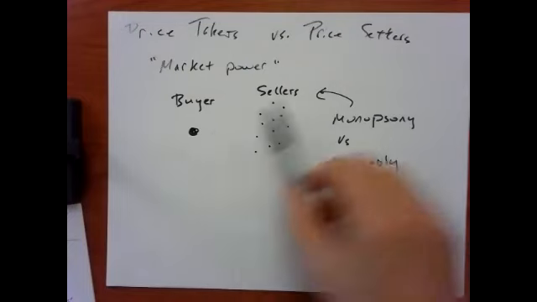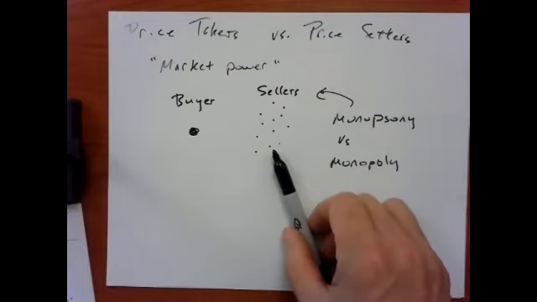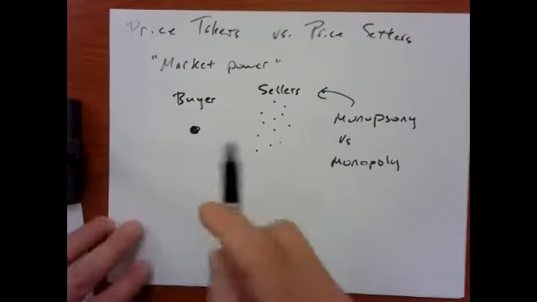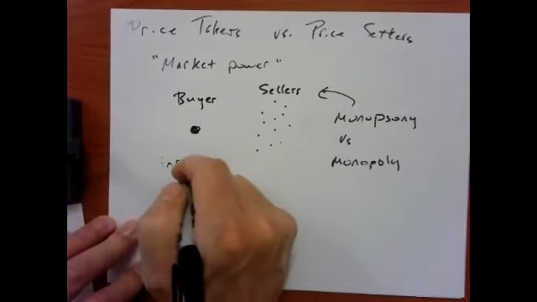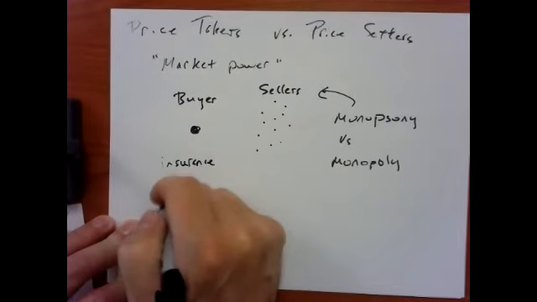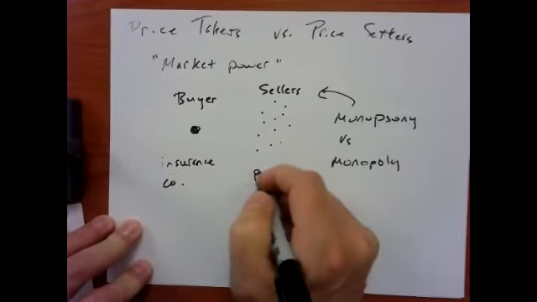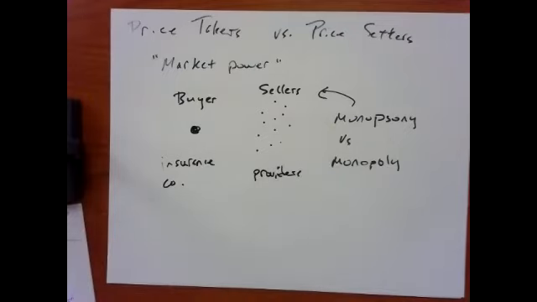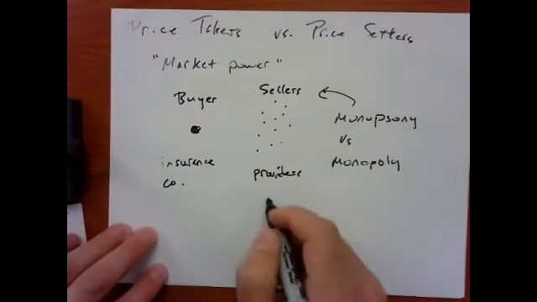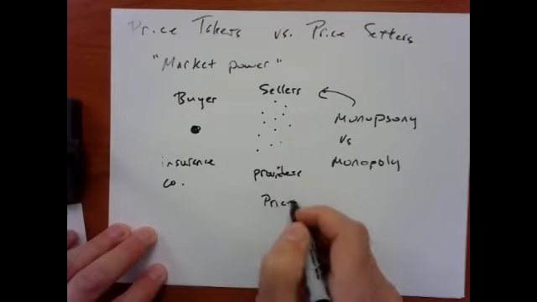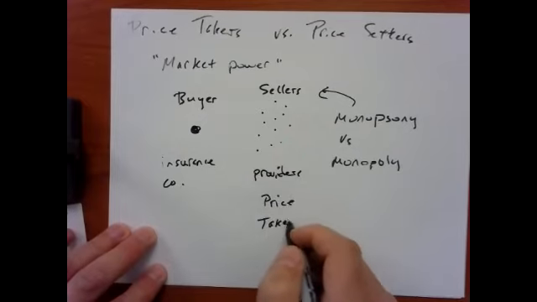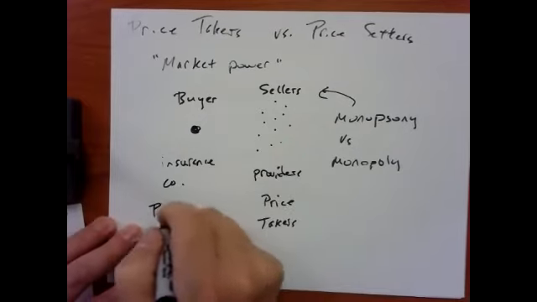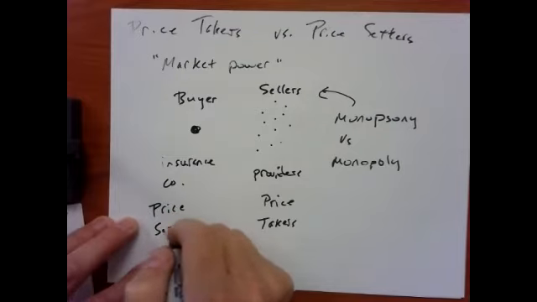The buyer would be the insurance company in our example, and the sellers would be the providers. And so in this case, the providers are price takers, and the insurance company is a price setter.